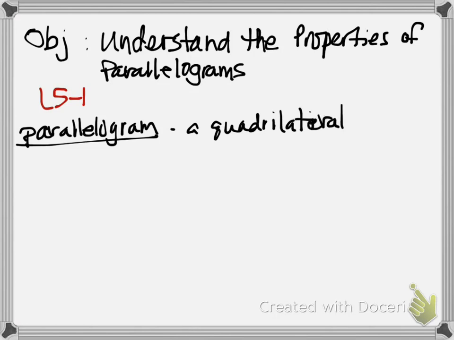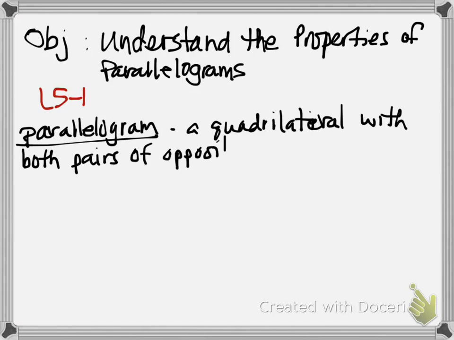A quadrilateral with both pairs of opposite sides parallel. That's why it's a parallelogram. Okay. So we're going to be using the notions from chapter 3 with parallel lines. We're going to be using the notions of chapter 4 with congruent triangles to help us with our proofs.